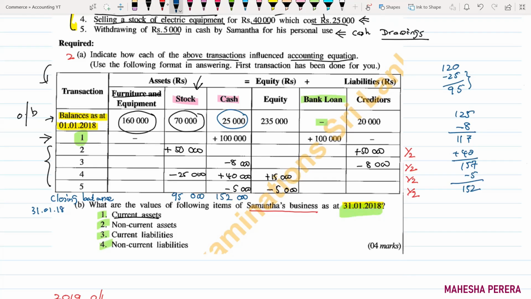Okay, so you need to add these two, and you will arrive at the current assets value. Right, now when you present your answer, obviously you can write the final answer. But in case your final answer is incorrect, at least you can score half marks if you present your answer in detail.